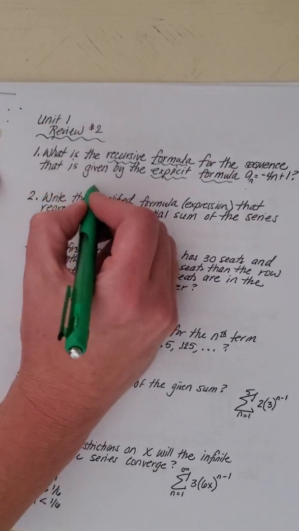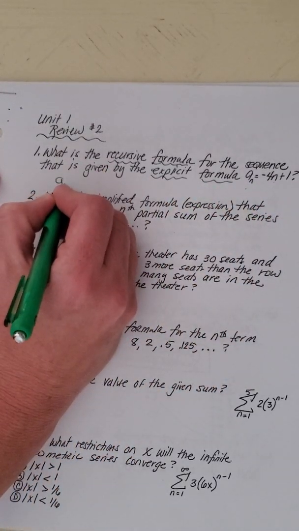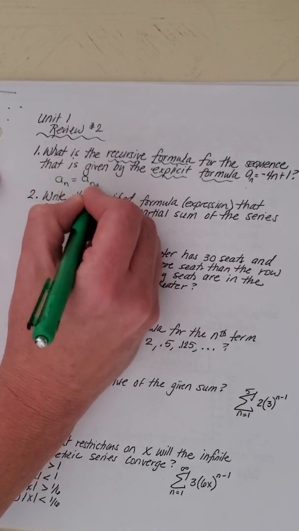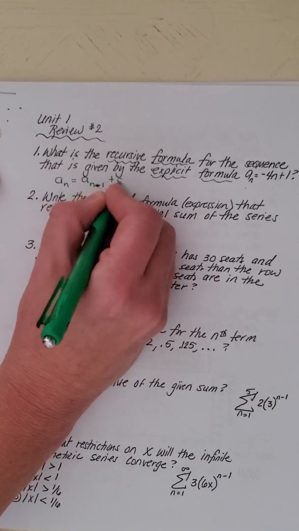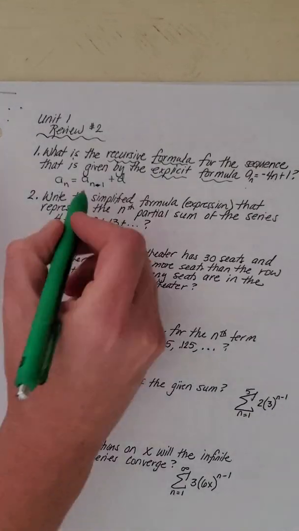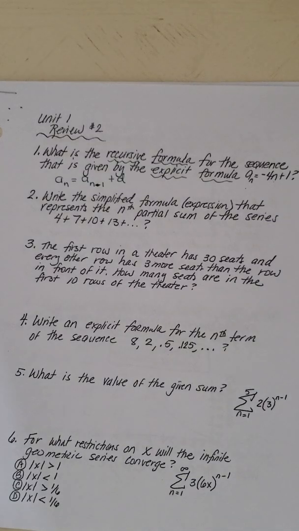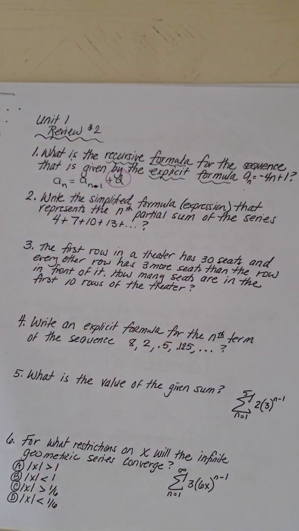To go from the explicit to the recursive, you do need to know that the recursive is a sub n equals a sub n minus 1 plus d. In the recursive formula, the only thing you're substituting in is your value of d.